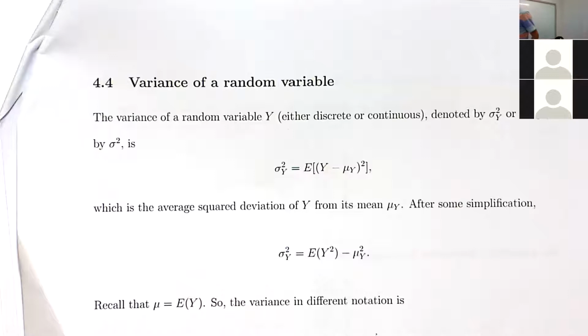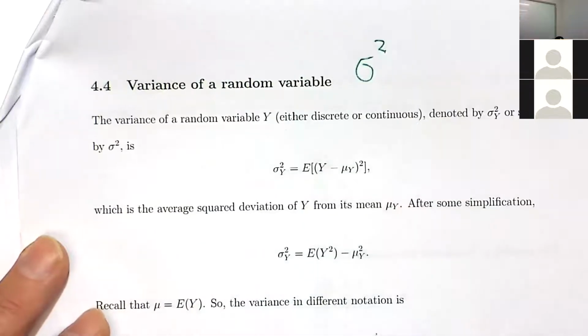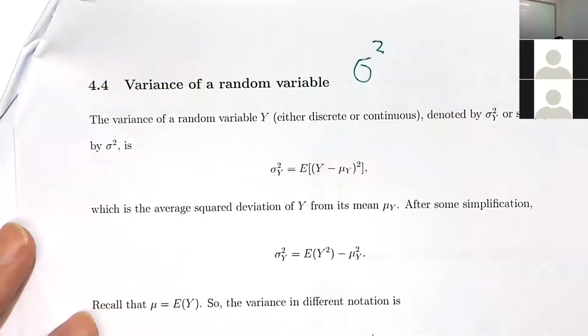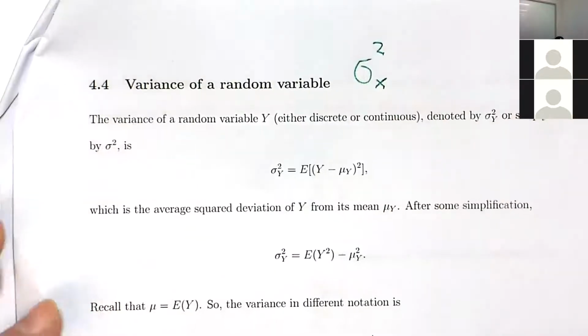Speaking of the variance of the random variable, we are going to use several symbols, like sigma squared, or sigma squared sub x, to denote that we are thinking about the random variable X, or Y, or whatever.